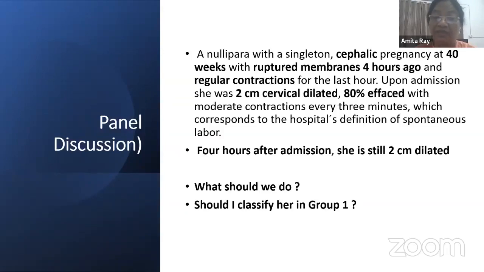Ruptured membranes, and if the liquor is clear 4 hours ago, fine. Now we know that rupture of membrane in itself is a sign of onset of labor. So unless something else happens, we don't get alarmed by that. As regards the 2 centimeters dilatation, she is still in the latent phase.